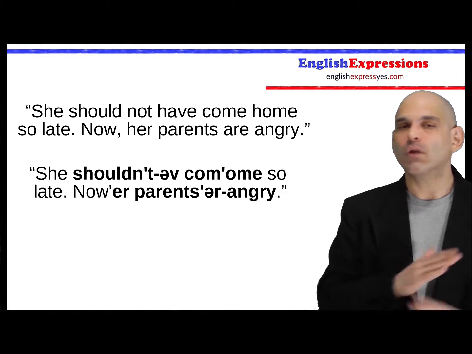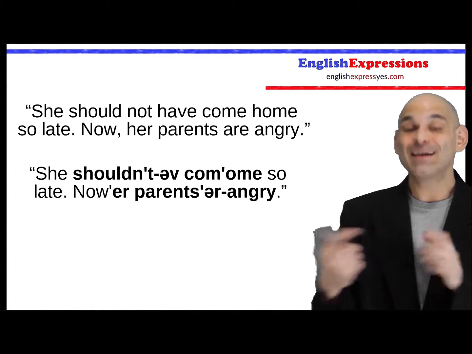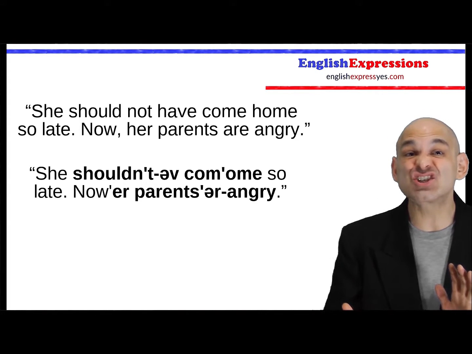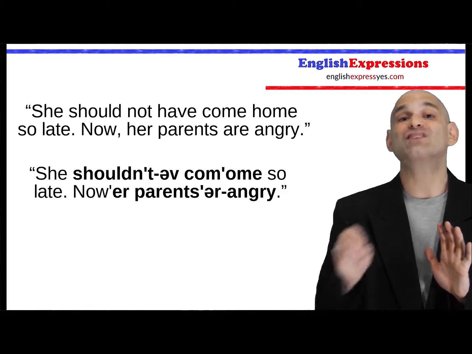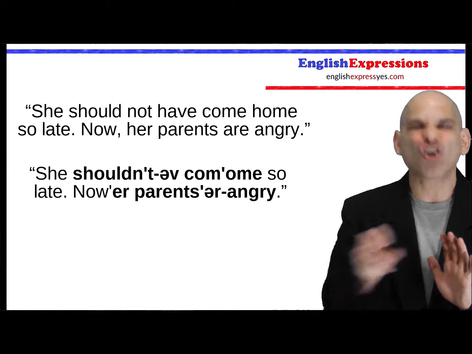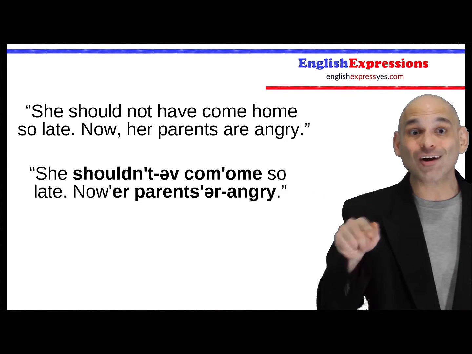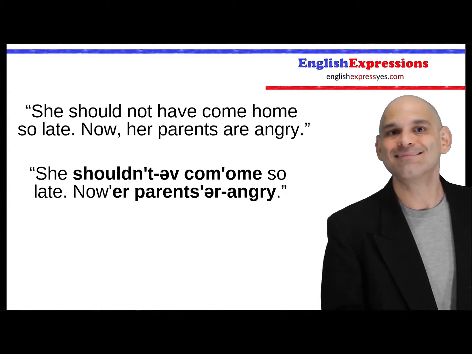Now, her. We drop the H. Now we link them. Now her parents are. We use the contraction. We don't say her parents are. Her parents are angry. So the R links onto the A in angry. Now her parents are angry.